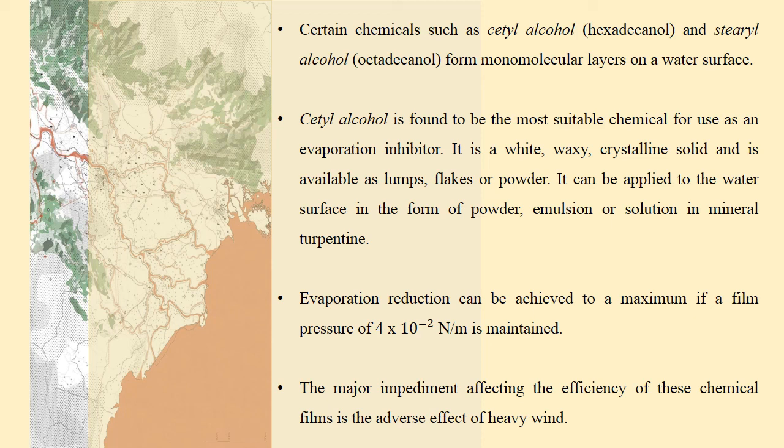It can be applied to the water surface in the form of powder, emulsion, or solution in mineral turpentine. Evaporation reduction can be achieved to a maximum if a film pressure of 4 times 10 raised to negative 2 Newton per meter is maintained. The major impediment affecting the efficiency of these chemical films is the adverse effect of heavy wind.